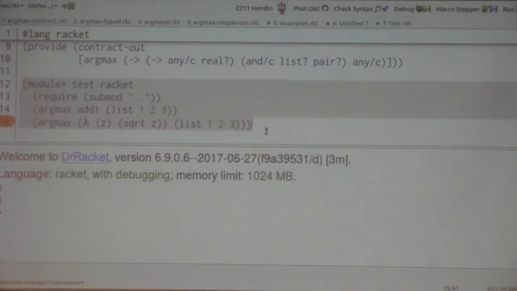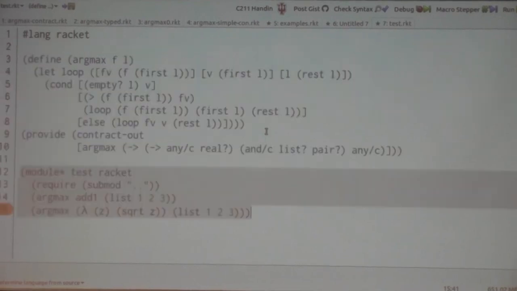So what's interesting about this example? Does this example satisfy our specifications? Square root's not total.